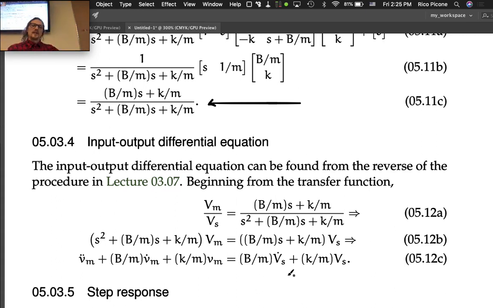Yes? Why is the Vm small and the Vs is large? So we're using the convention that capital letters are Laplace domain variables, and lowercase letters are time domain. So this direction would be Laplace, and this direction would be inverse Laplace.